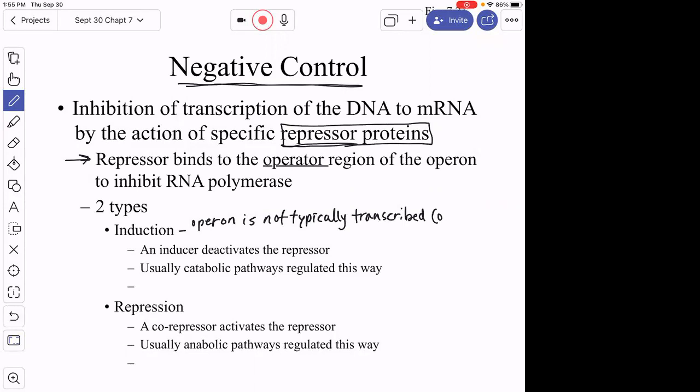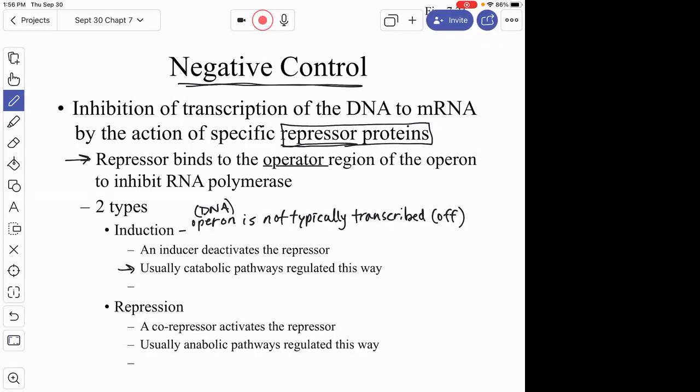Or maybe it'd be easier to understand if I say the DNA is not typically transcribed in an inducible operon. Usually a catabolic pathway is going to be regulated that way. So when you have enzymes that are necessary to break down some sugar, for example, typically the way they're regulated is through an inducible operon.